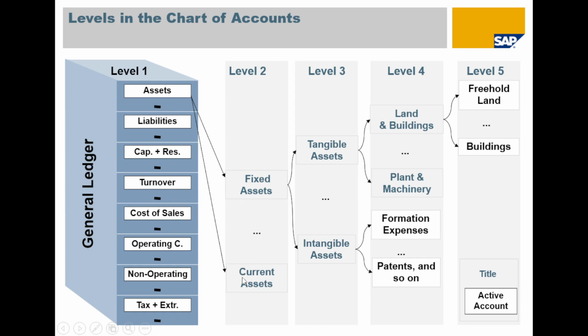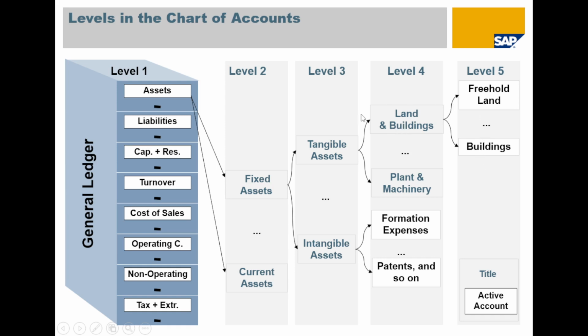Under fixed assets we also have another group of accounts, or container of accounts, to organize things, such as tangible assets and intangible assets, and we also have groupings under those classifications until we reach the level 5 account type.